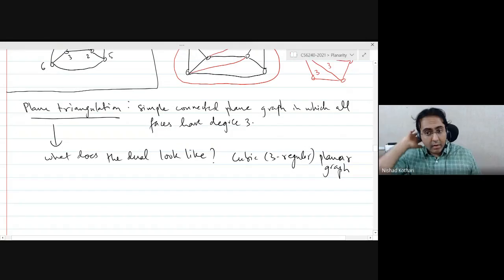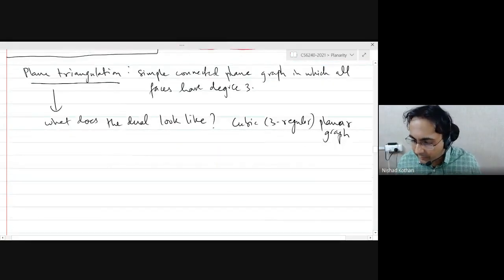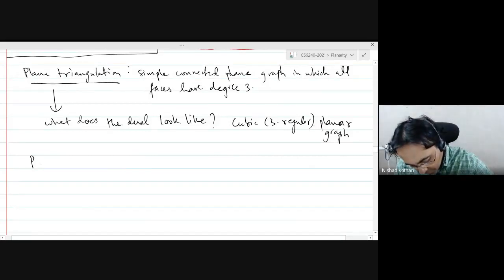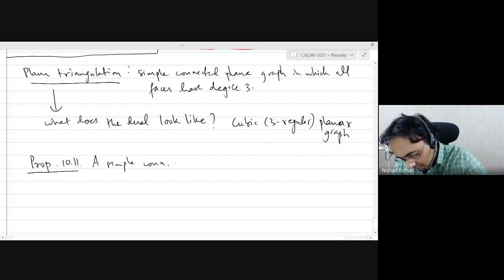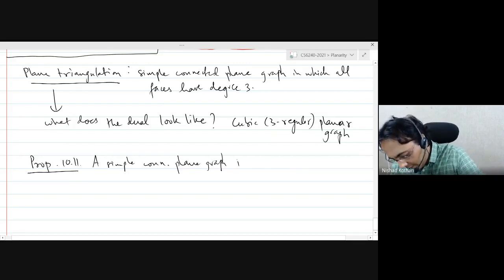Okay. So good. In fact, you can prove the proposition: a simple connected plane graph is a triangulation if and only if its dual is cubic.